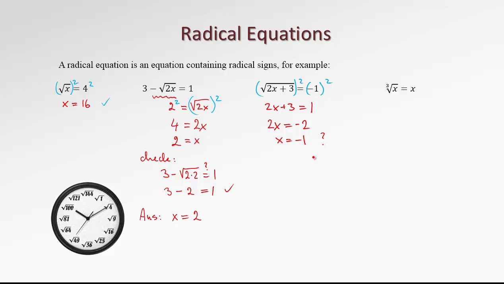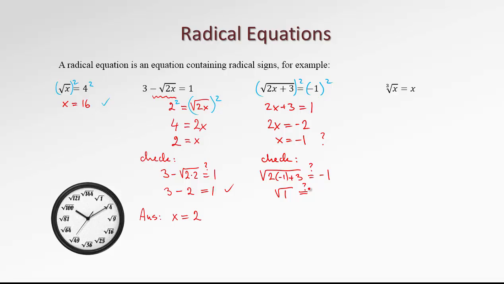Is that our solution or not? Let's check. If I plug in negative 1 for x, on the left-hand side of the equation, I have 2 times negative 1 plus 3 under the root. On the right-hand side, I have negative 1. Are these two sides really equal or not? Root of negative 2 plus 3, so it's really root of 1.